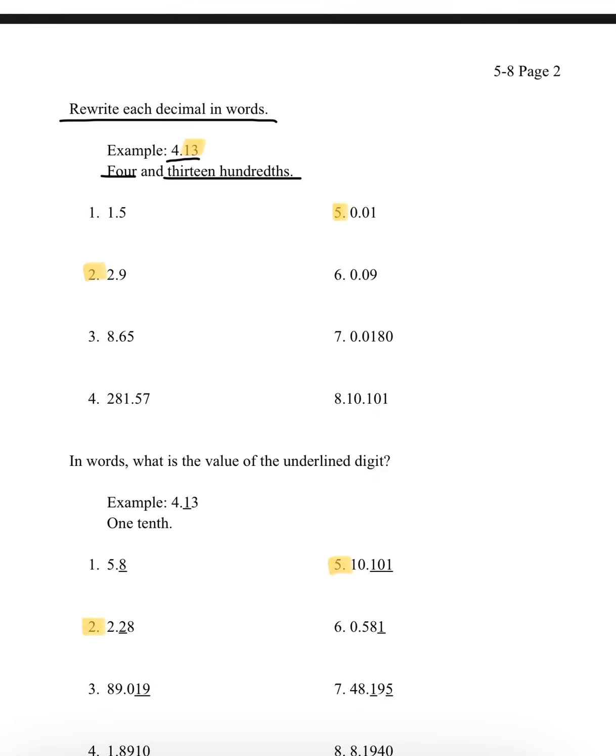So for number 2, the 2, we're just going to write that as 2. And the 9, we see that it's in the tenths place. So all we're going to be writing is and 9 tenths, since the 9 is in the tenths place. Number 5, it's 0.01.